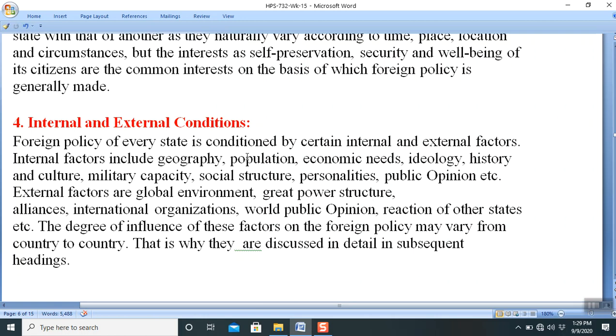For example, in Pakistan, ideology, history, culture and military capacity are joined, because Pakistan has been established on the idea of Islam, La ilaha illallah, Muhammadur Rasulullah.